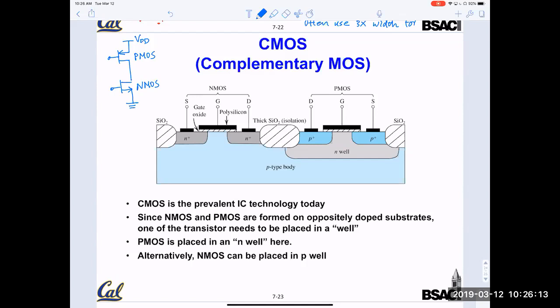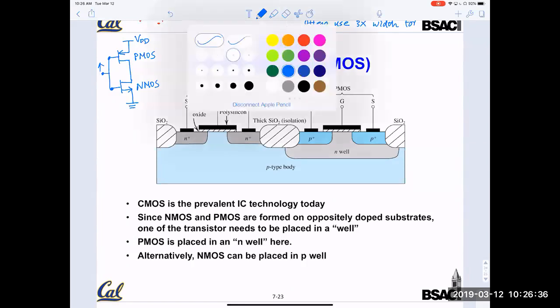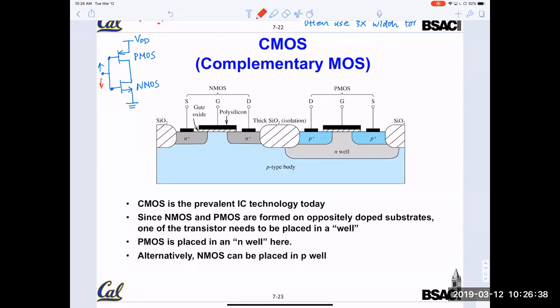You can use the digital picture you learned from 16AB. If you think of it as an inverter gate, you tie the voltages together. When this voltage is high, you turn on NMOS, and at that time you shut off PMOS. Alternatively, you lower the voltage.